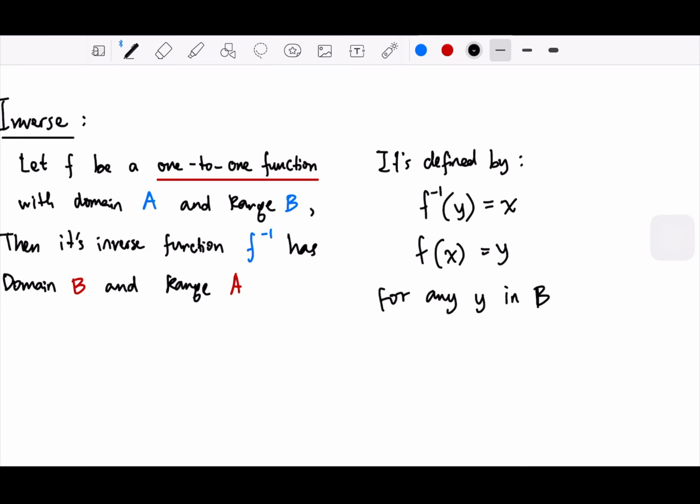And remember, although we write the inverse with a superscript -1 like this, it is not the same as a reciprocal, okay? This means inverse.